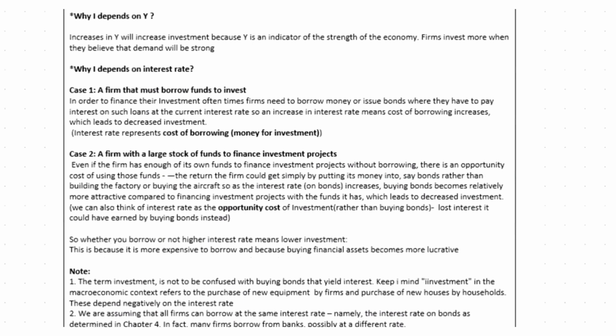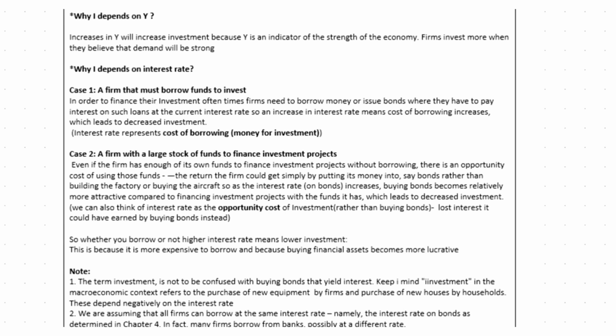So there are two cases that we consider when we're looking at why investment depends upon interest rate. Number one, a firm borrows funds in order to invest. Now, the idea is that in order to finance investment, oftentimes you need to borrow money or issue bonds, and you have to pay interest on such loans at the current interest rate.